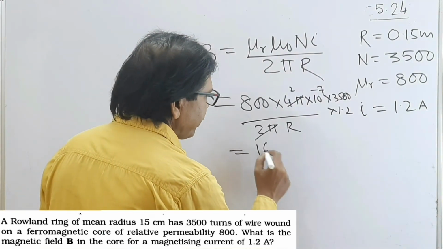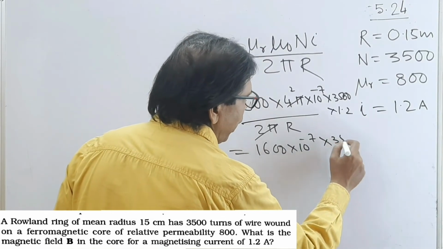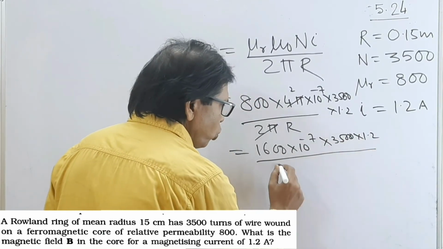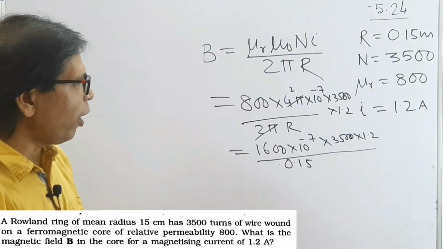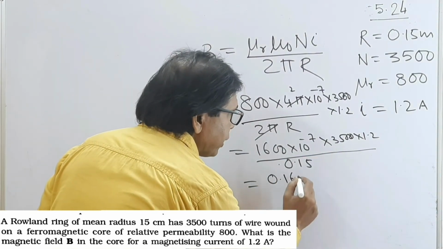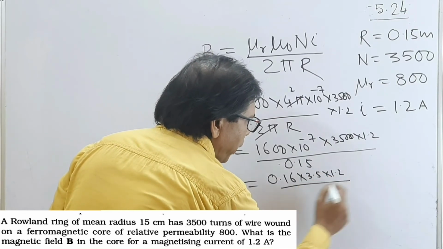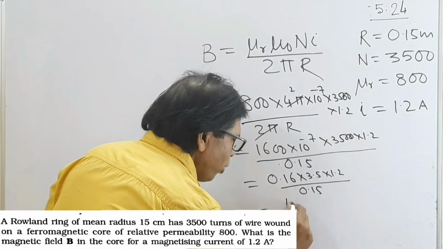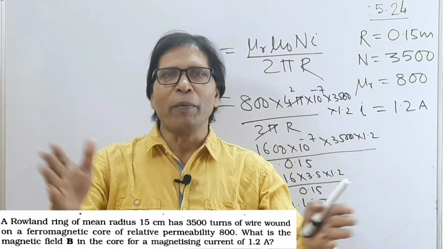This is 1600 into 10 to the power minus 7 into 3500 into 1.2 divided by 0.15. Okay? Now 10 to the power minus 7 becomes 0.16 into 3.5 into 1.2 divided by 0.15. Okay? So this is 4.48 Tesla.